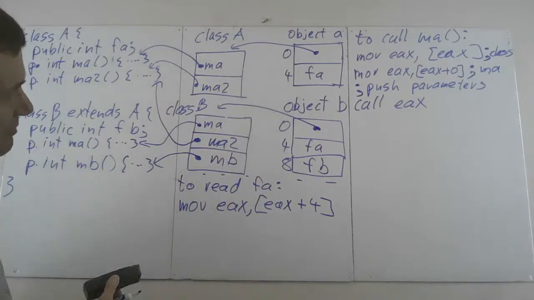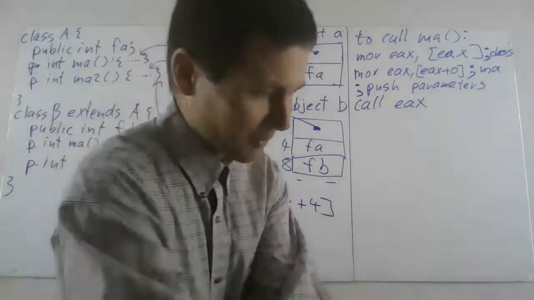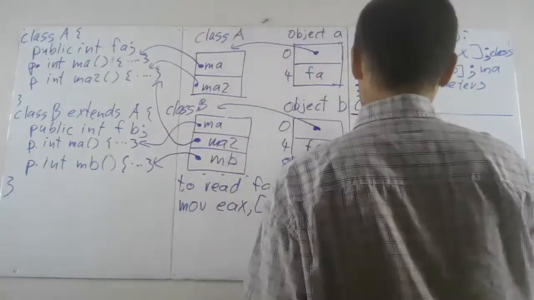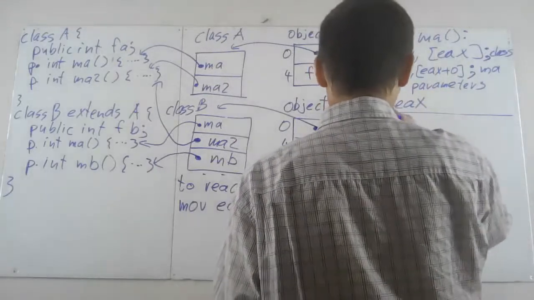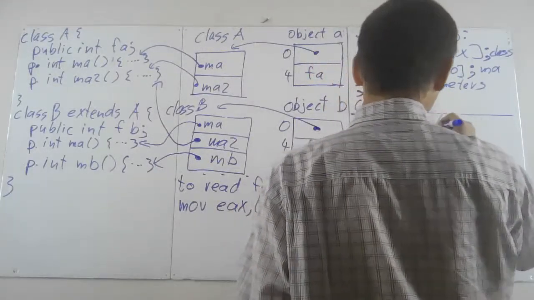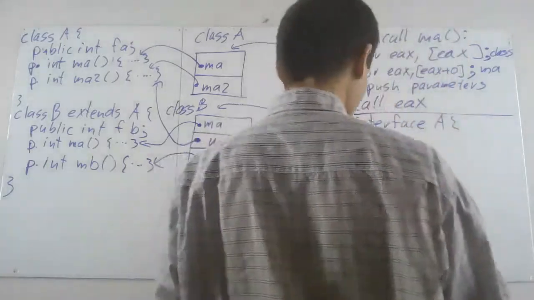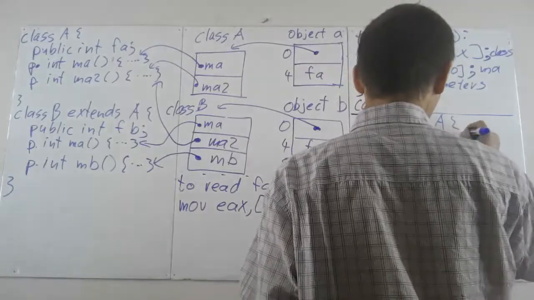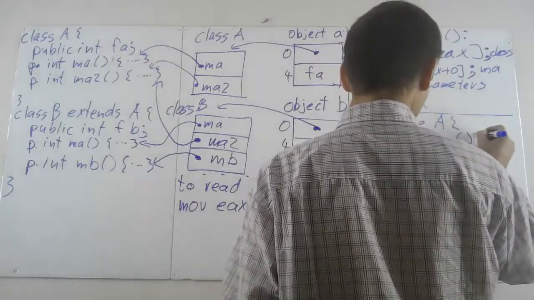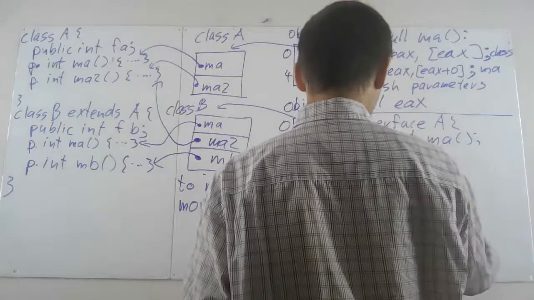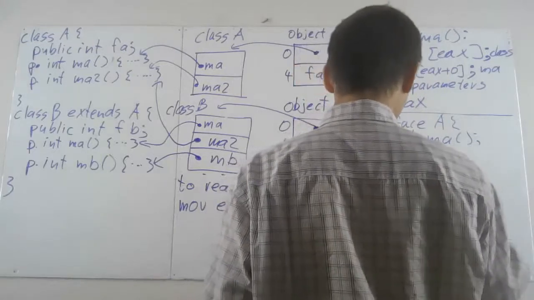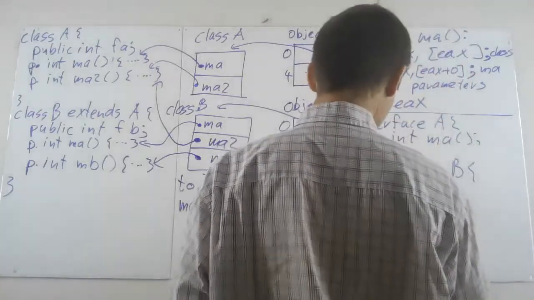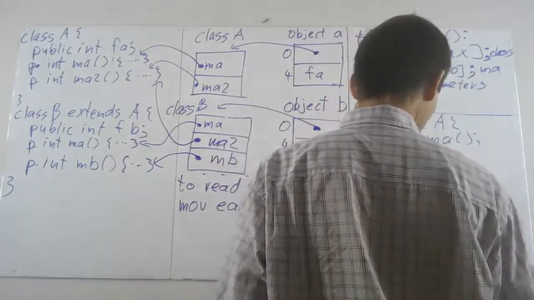I have this nice diagram. What can I erase here? Well, how about I just do it down here? So let's say I have an interface A, and it has a method MA. And then I have an interface B, and it has a public int MB.